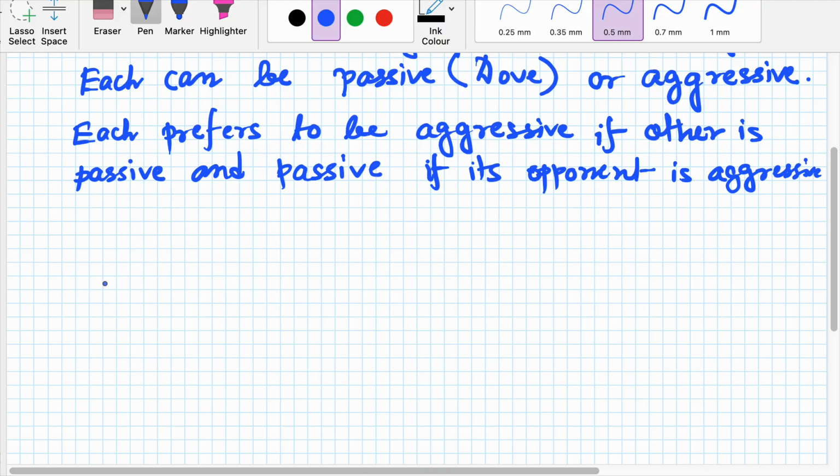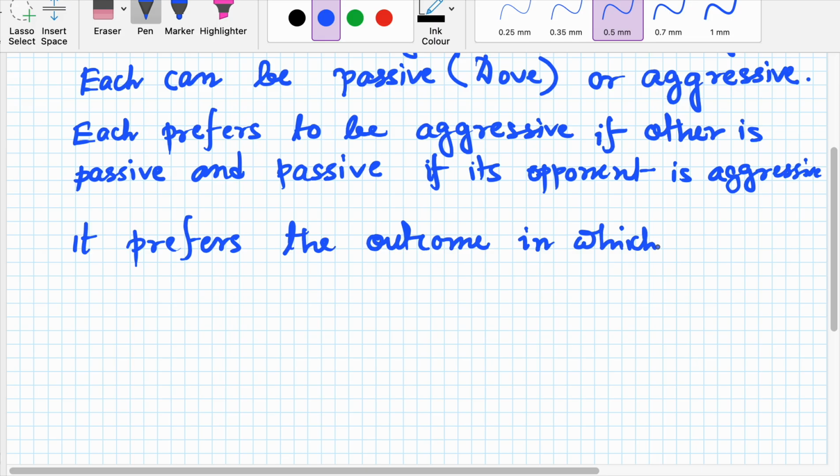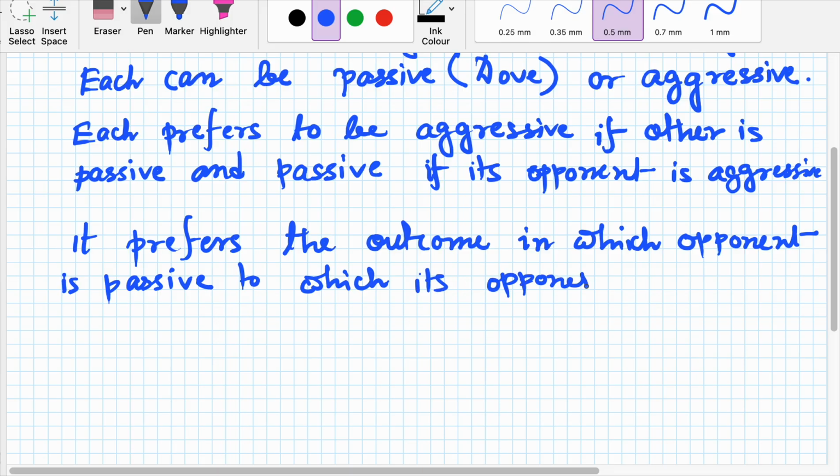Given its own stance, it prefers the outcome in which its opponent is passive to the one in which its opponent is aggressive.